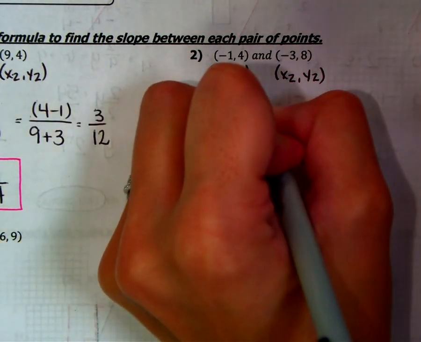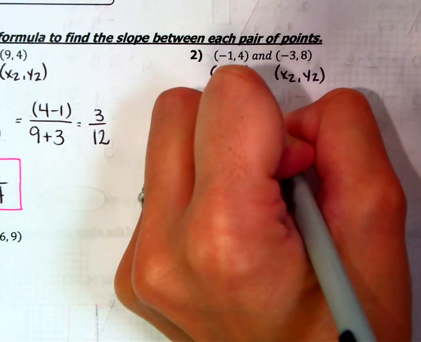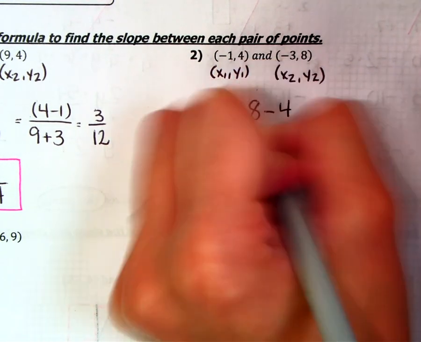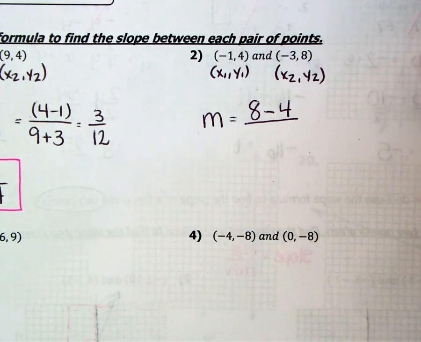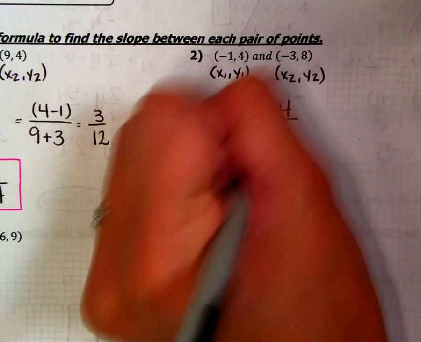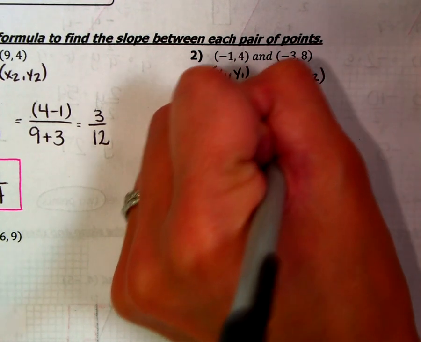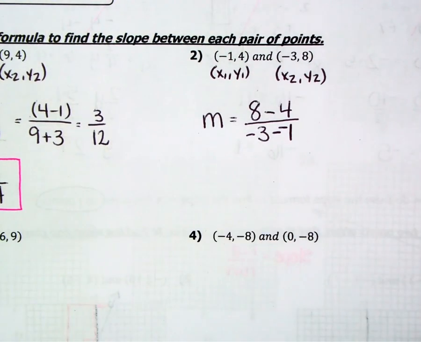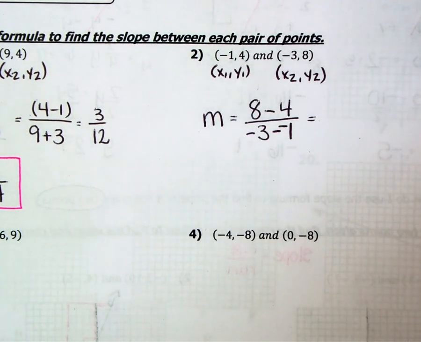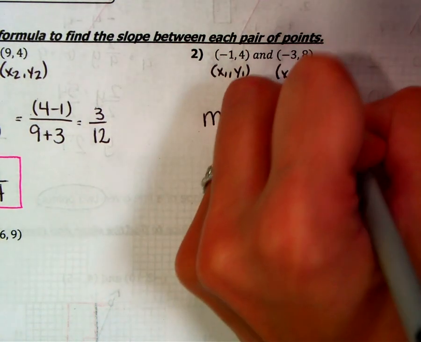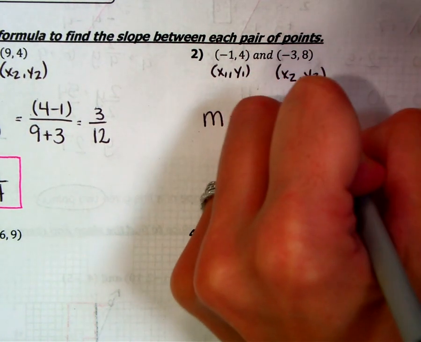So we're going to have y2, 8, minus y1, which is 4. x2 is negative 3, minus an x1, so minus a negative 1. On the bottom, it's super complicated. We've got a minus and a negative. How can we rewrite that? Negative 3 plus 1.